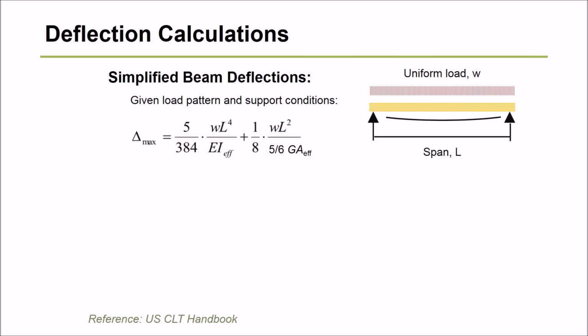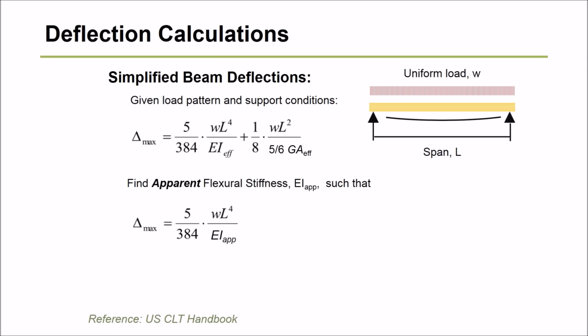Now, one convenience that has been developed for CLT and other products is what's called an apparent stiffness. Think about this deflection equation with both our flexural term and our shear term in it, and ask: what would be the equivalent EI that would give you the exact same deflection?